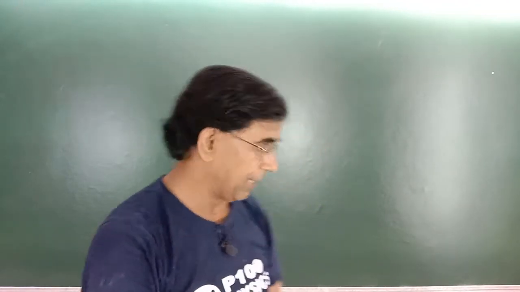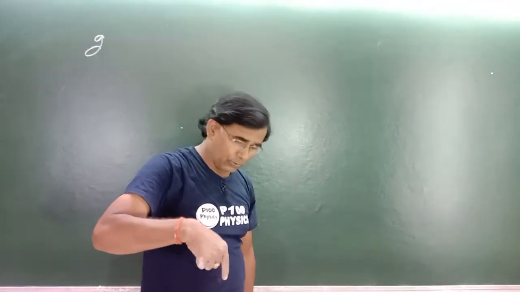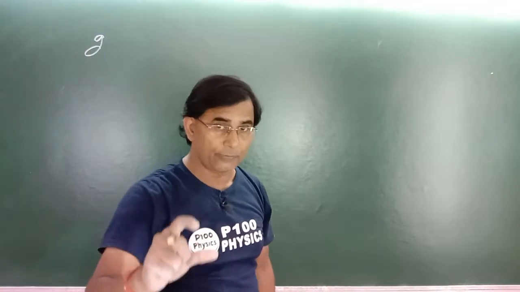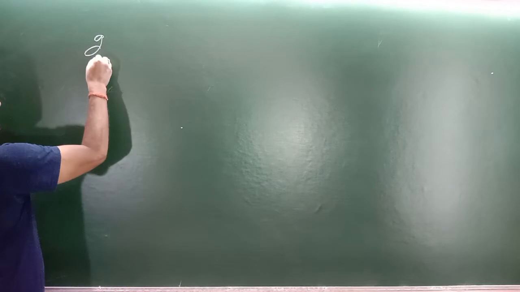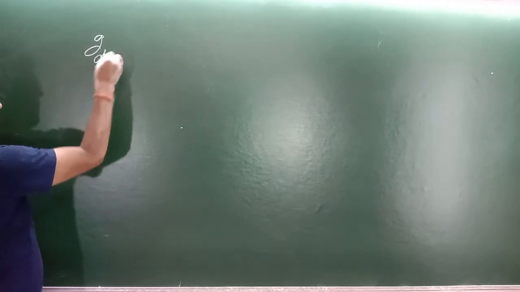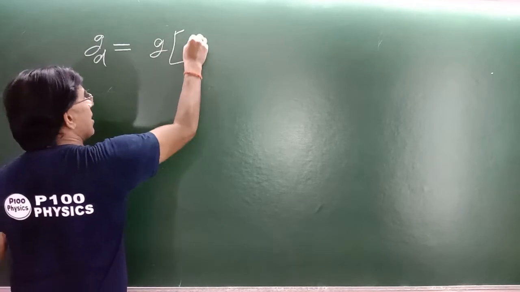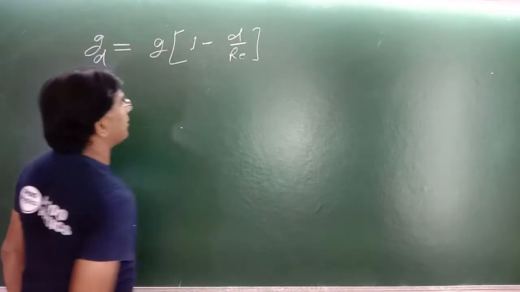Since you know the variation with depth, when we go inside the earth, the equation of g_d with depth is g(1 minus d upon R), you know well.